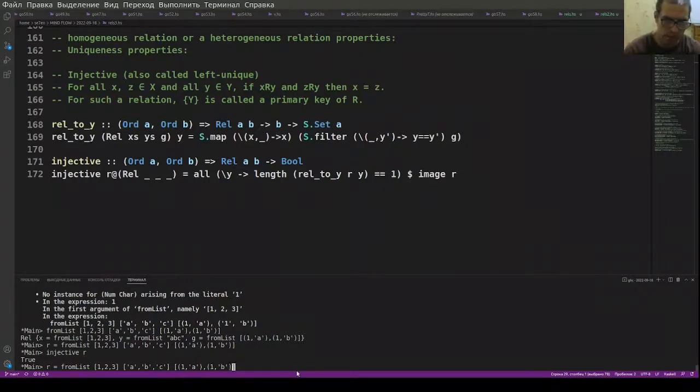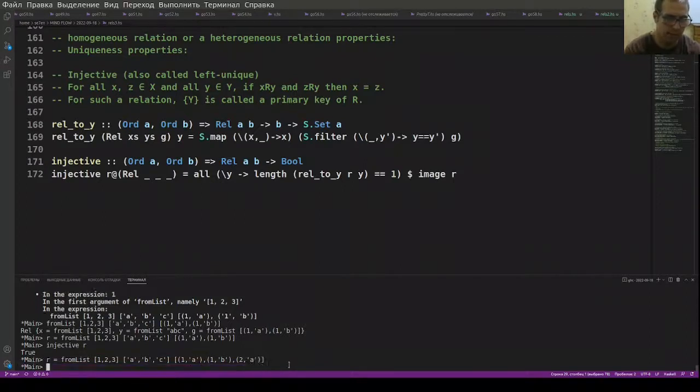But if I add, for example, something like this, then we will be in the situation where we have the same y, but two different x's.